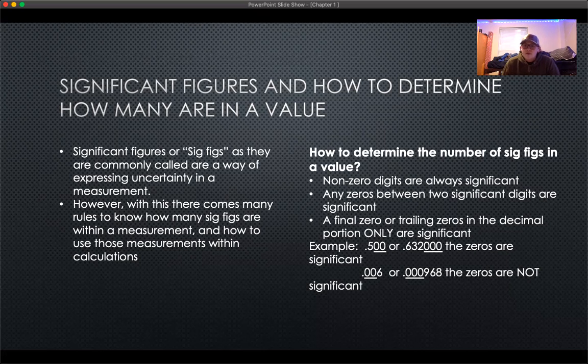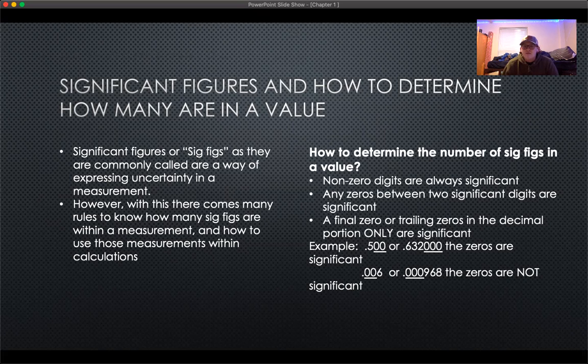Now, any zeros between two significant digits are significant. So say you have 101. That is going to be 3 significant figures because that zero in the middle is considered significant. And finally, trailing zeros in the decimal portion only are significant.